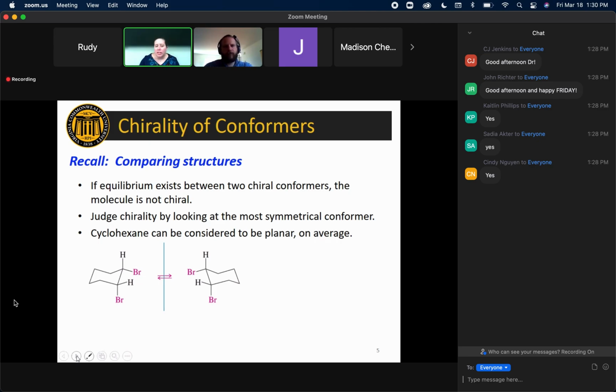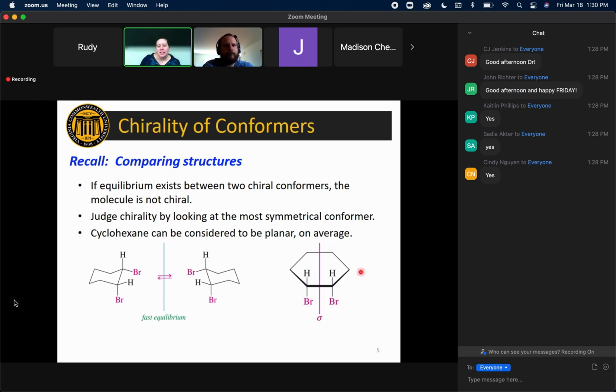What we can do when we're looking at chirality is instead look at the most symmetrical conformer, which turns out to be the flat representation like I have drawn out here.